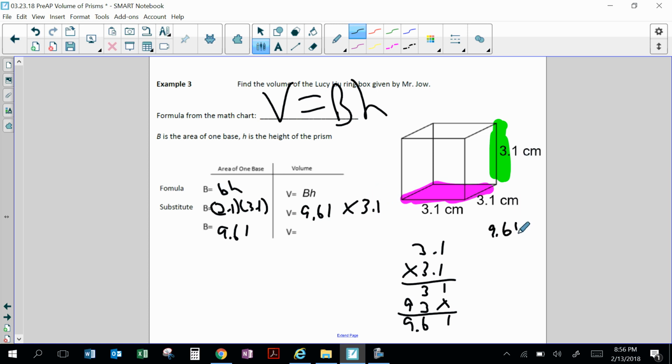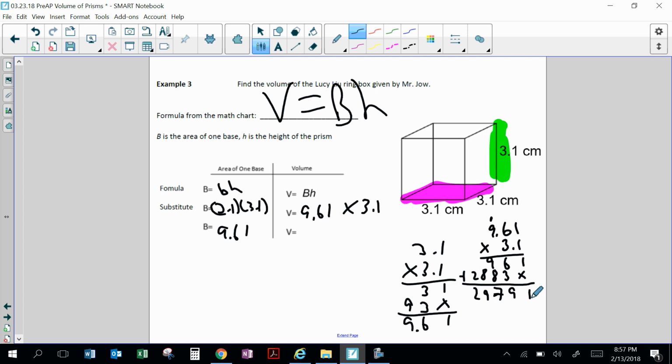So what's 9.61 times 3.1? Or 9 and 61 hundredths times 3 and 1/10. 1 times 1 is 1, 1 times 6 is 6, 1 times 9 is 9. 3 times 1 is 3, 3 times 6 is 18, carry the 1. 3 times 9 is 27, plus 1 is 28. If I add this up, I get 29791.